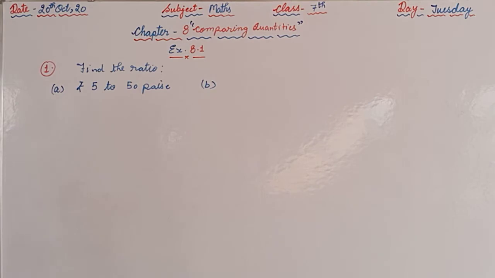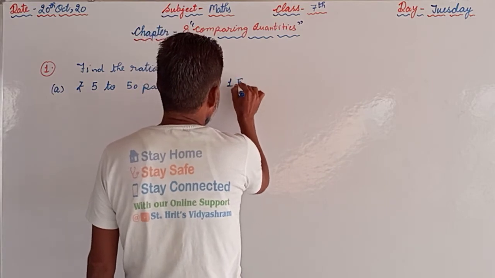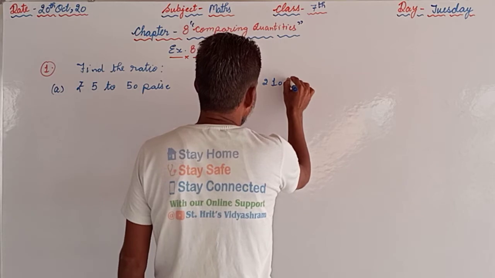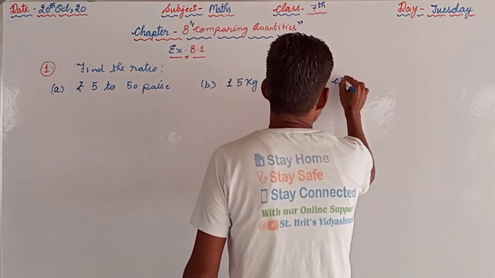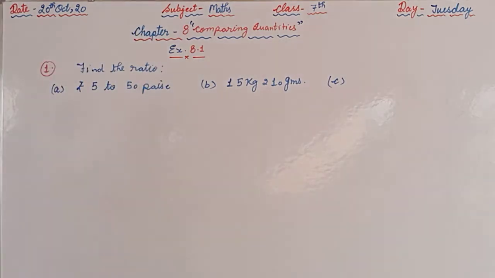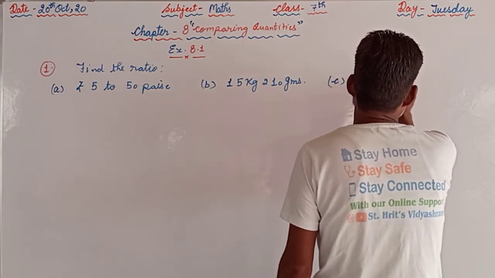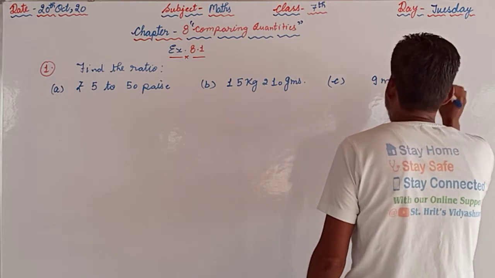In the B part we are supposed to compare 15 kilograms to 210 grams. And in C part we are supposed to compare 9 meters to 27 centimeters.